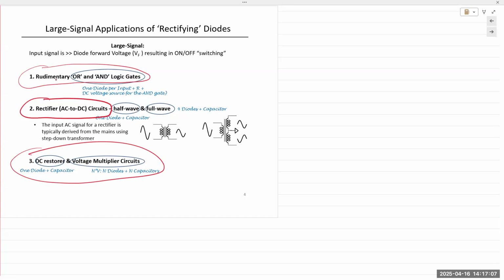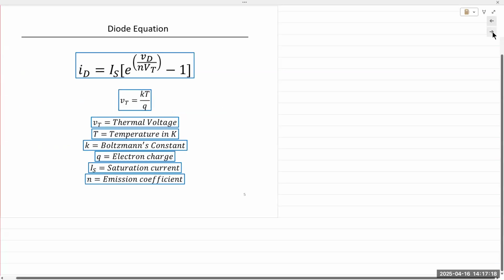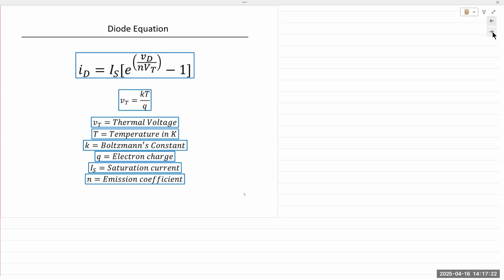So a combination of the peak detector and the negative clamper results in a voltage multiplier circuit. And there are other wave shaping circuits that we can use the diode for. Wave shaping is so-called because, depending on the configuration, depending on the circuit schematic, it changes the AC input signal that's coming into the diode circuit.